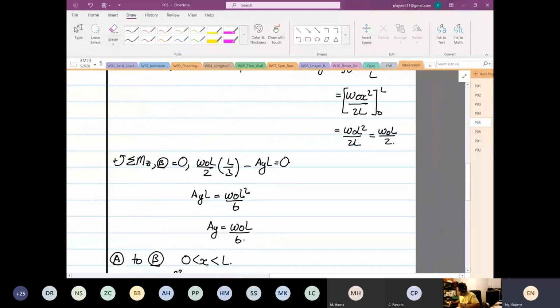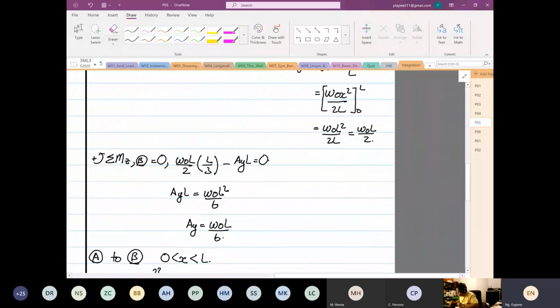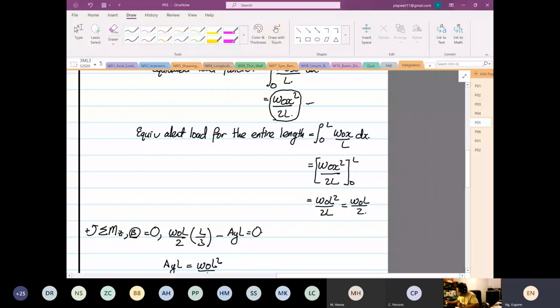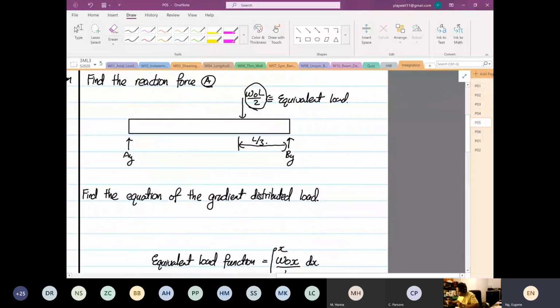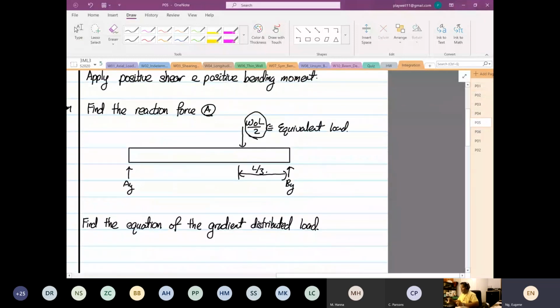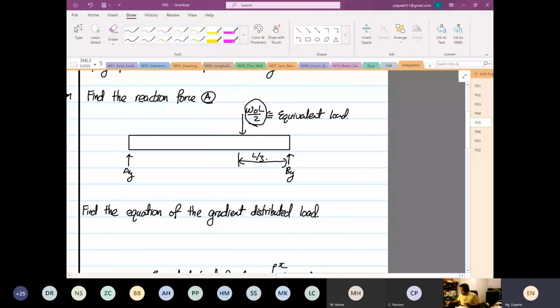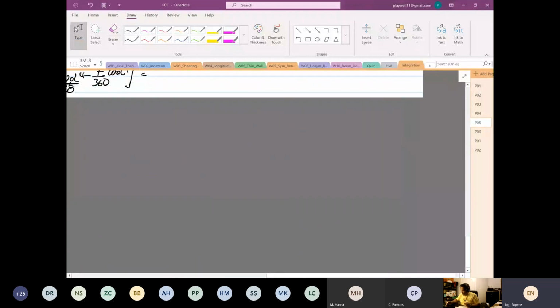So now you can see, you have to use this expression over here. You cannot use omega naught L over 2, because omega naught L over 2 is for the entire length.